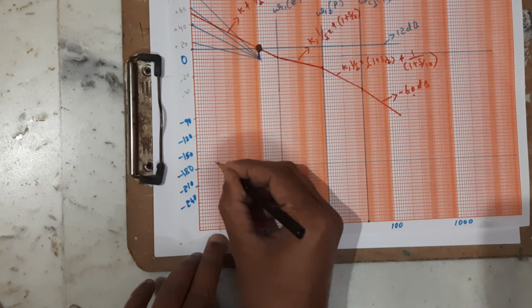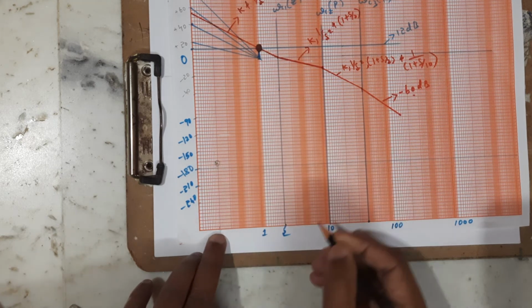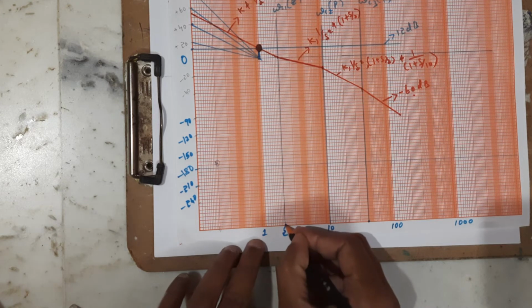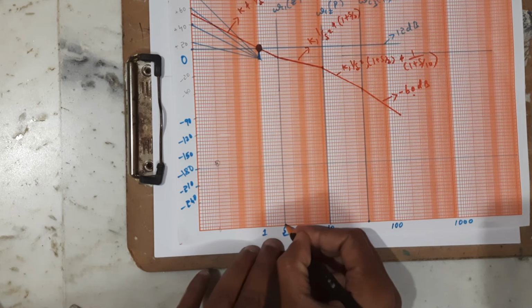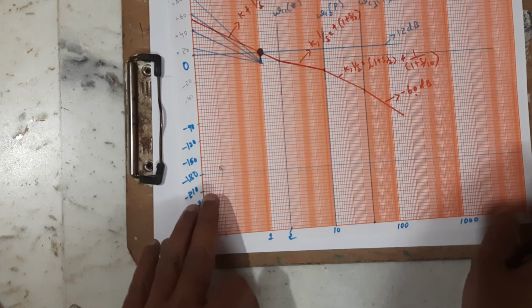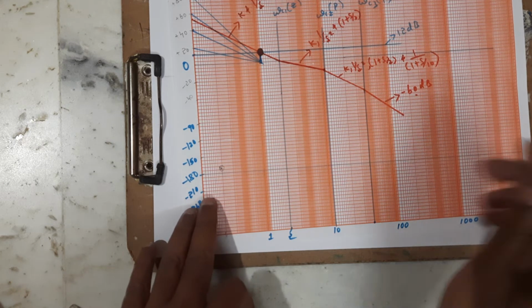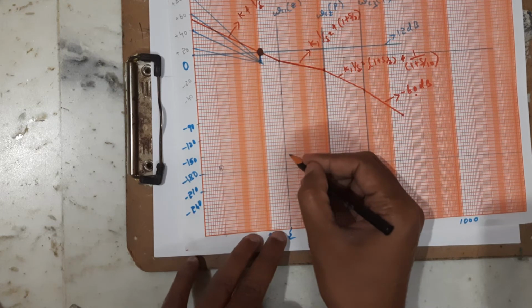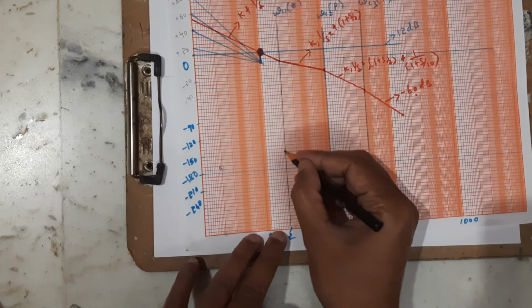When it is 2 radians per second, the value is minus 149, somewhere here.